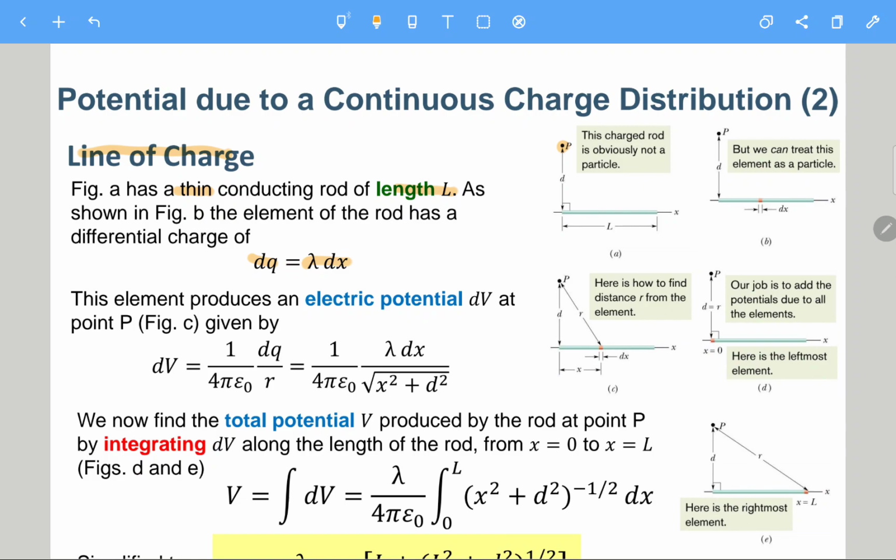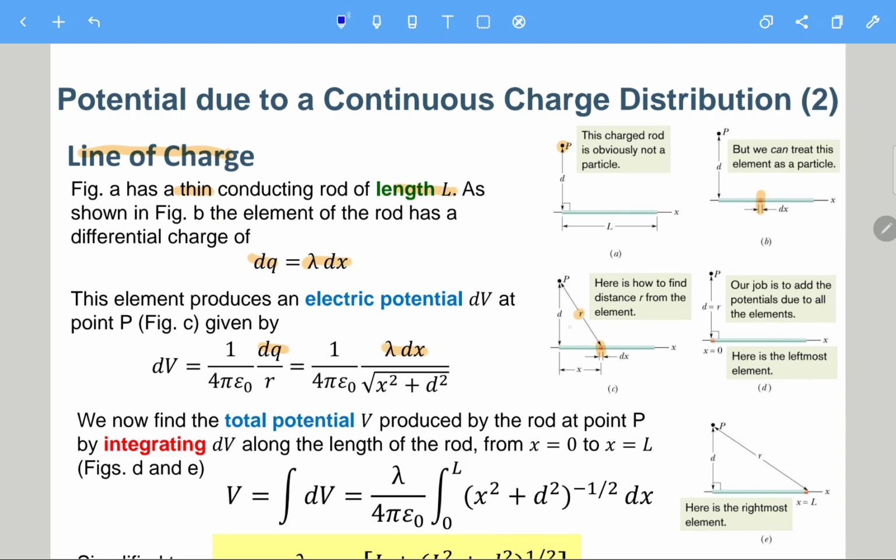Lambda is the linear charge density. So dq equals lambda dx, and dV is nothing but k times dq over r. dq is lambda dx, and r is this one.